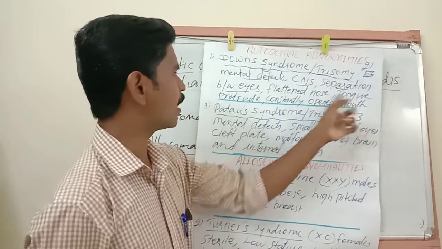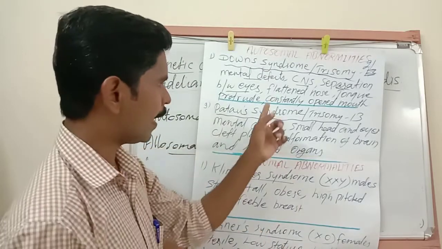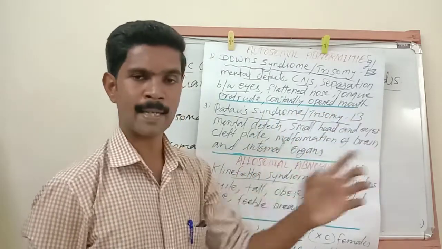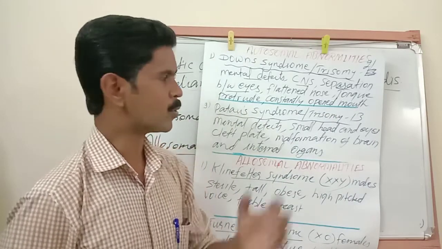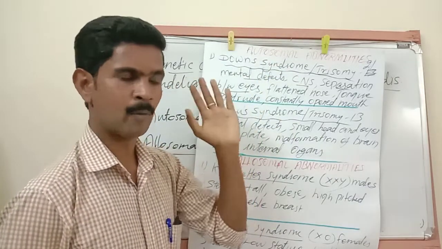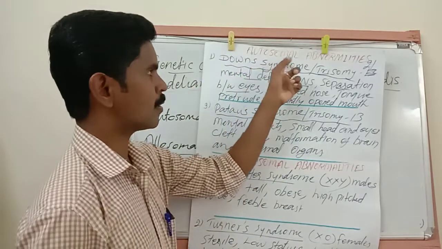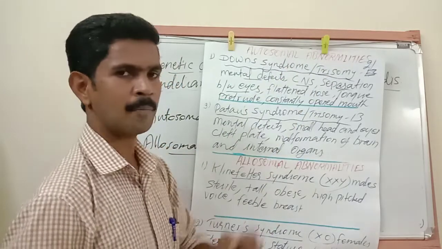The next one is tongue protrusion, meaning the tongue is always pushing outside, and a constantly opened mouth. They cannot close their mouth properly. So these are the symptoms of Down syndrome. This is the first example for the autosomal abnormalities.